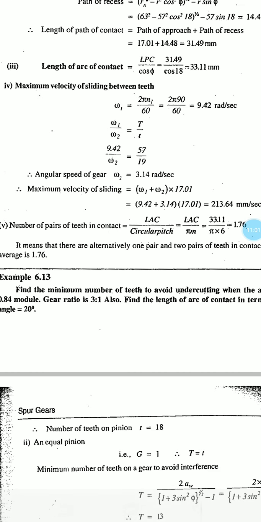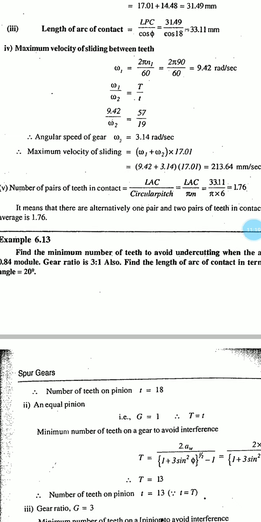This is the velocity ratio. So omega 1 we know, capital T we know, small t we also know. Substitute all the values, and we get omega 2, the angular speed of gear, equal to 3.14 radian per second.